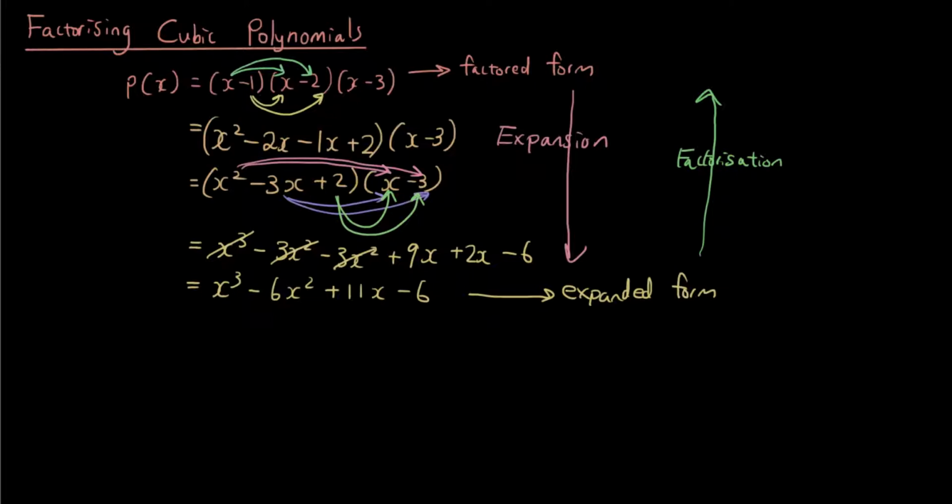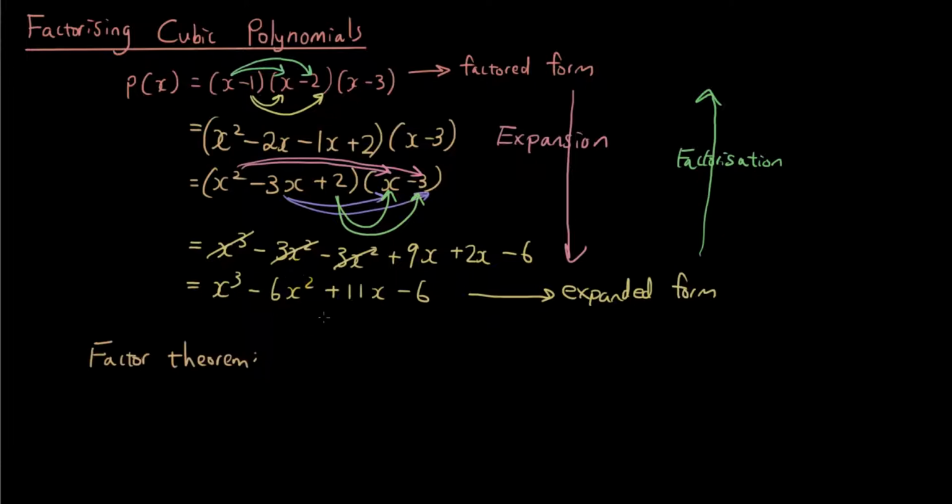So anyway, now I'm going to teach you how to factorize. So going from this back into this. So how do we do that? Well, we need to be able to understand a theorem called the factor theorem.